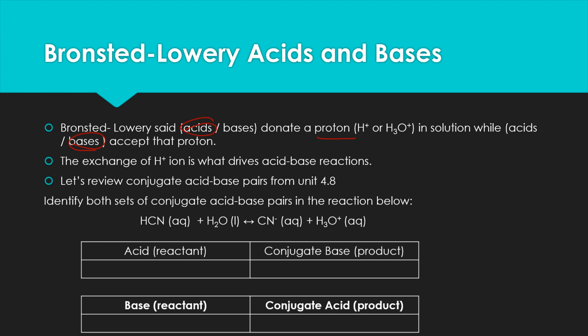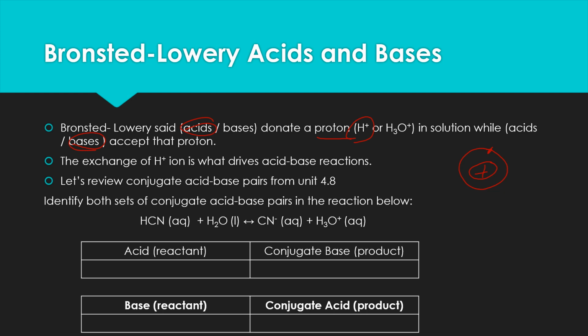So why do we use the word proton? Well, what's really being exchanged here is a hydrogen ion, H+, okay? So if we think about hydrogen, it has a positive nucleus with one proton, and then it has one valence electron. That's the structure of a hydrogen atom.